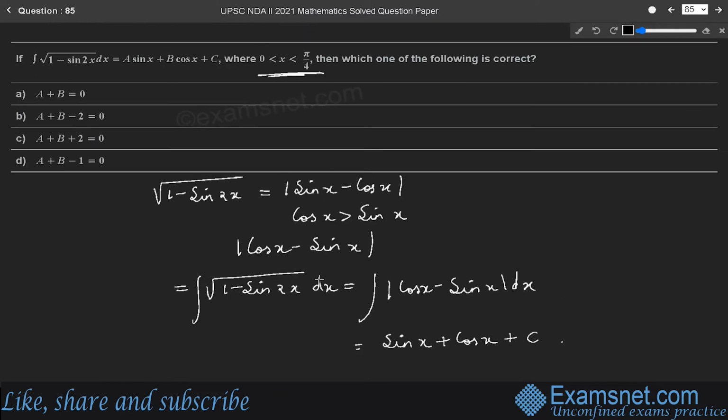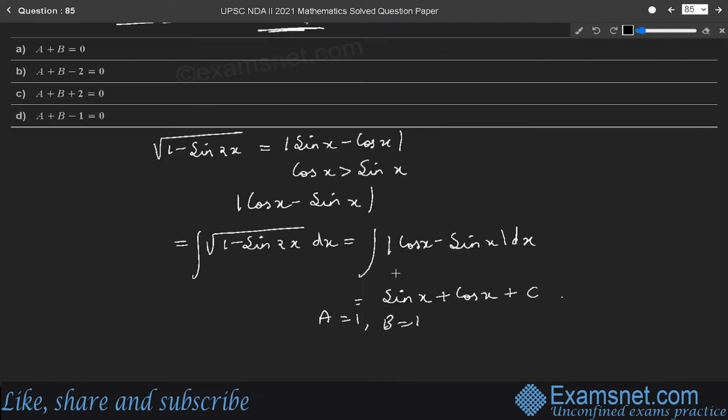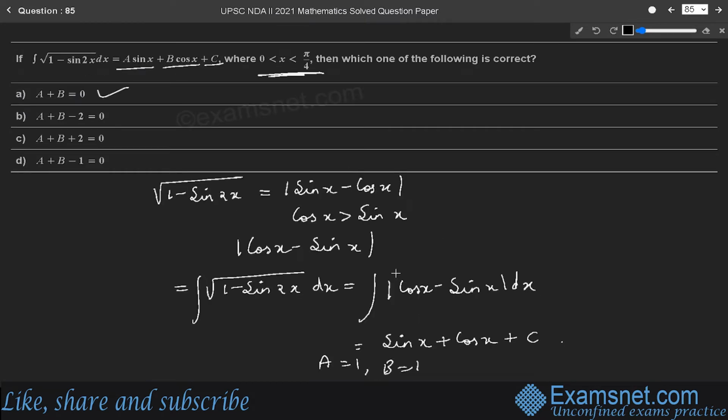Now the equation in the question is a sin x plus b cos x plus c. So comparing the equation with the given equation in the question, we will get a is equal to 1, b is equal to 1. Now let us find from which option the values are satisfying.